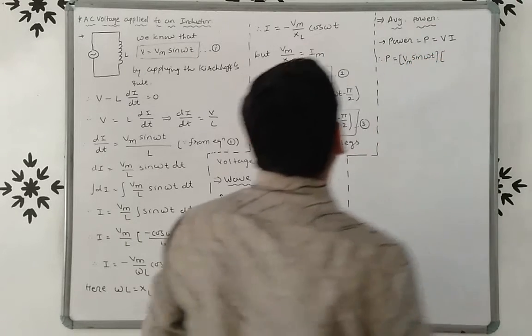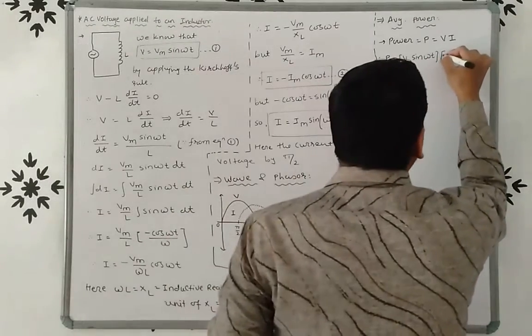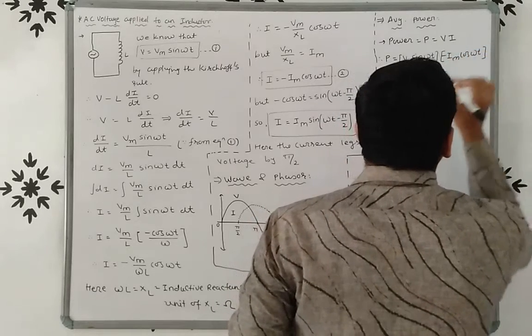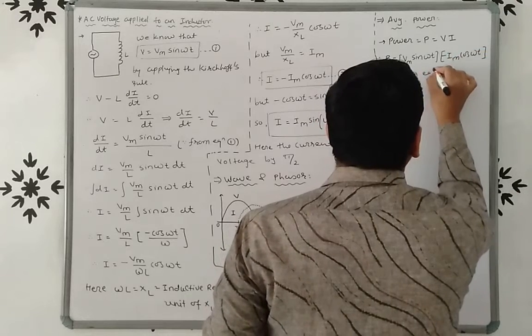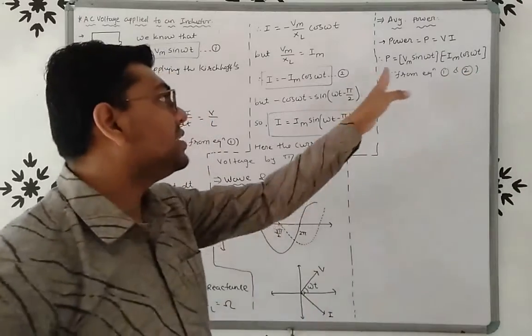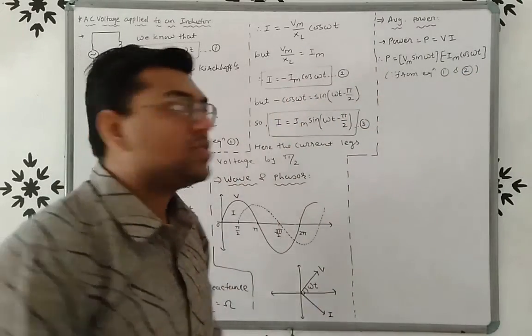And the equation of current from equation 2, see friends, I is equal to minus Im cos omega t. So from equations 1 and 2, V is equal to Vm sin omega t and I is equal to minus Im cos omega t.